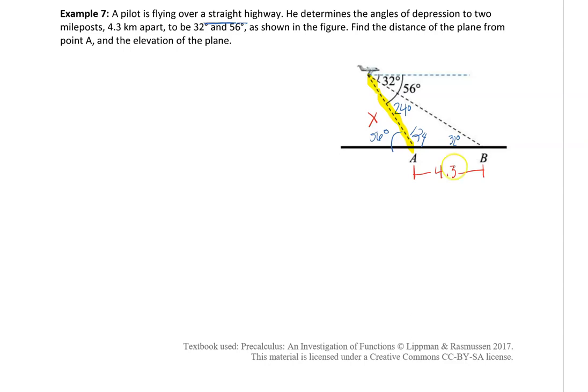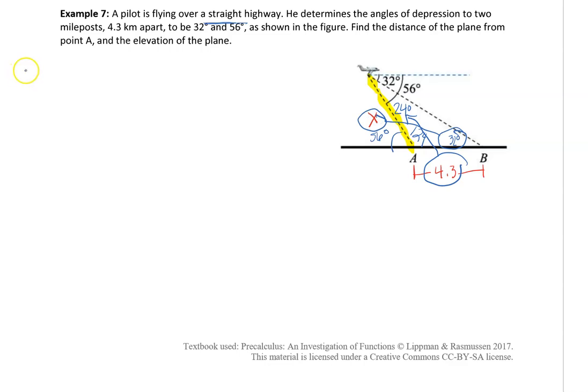Well, now, since I have 4.3, and I have the angle opposite of it, and I have all my degrees, I can take this angle, and the side I'm looking for, X, opposite of it, I can just use my law of sines.